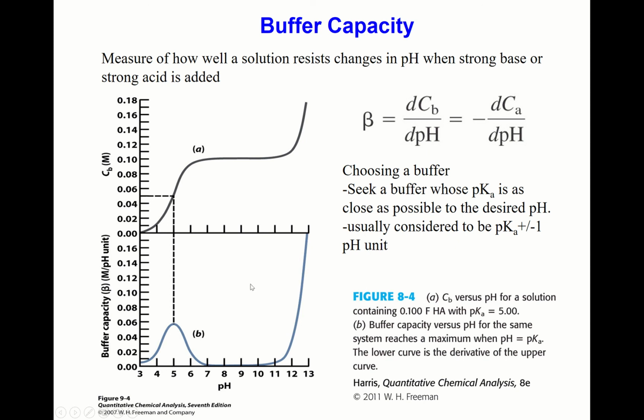So what is the maximum buffer capacity here? You see here, it decreases, and in this region the buffer capacity is minimum. This is not a buffer at all, actually, and then at very high pH, the buffer capacity also increases.